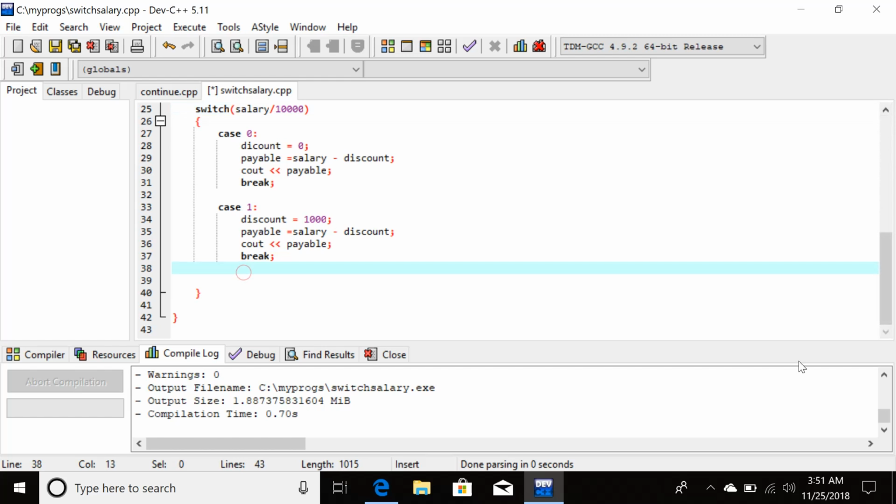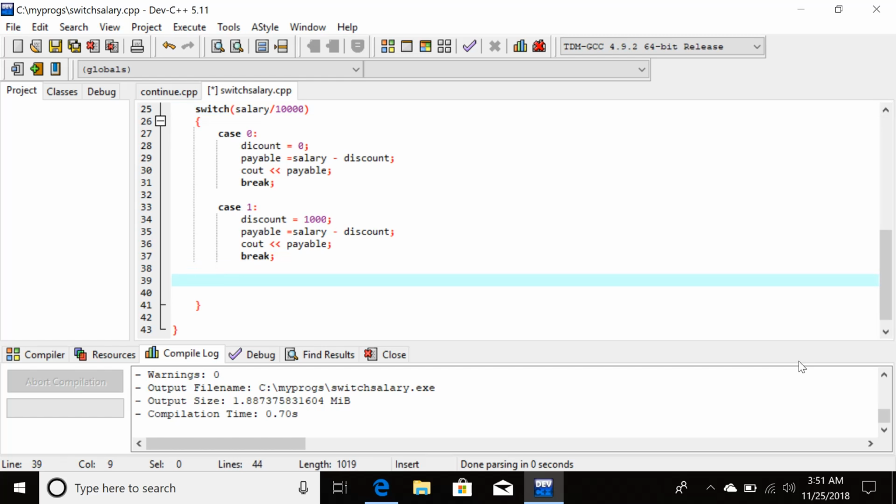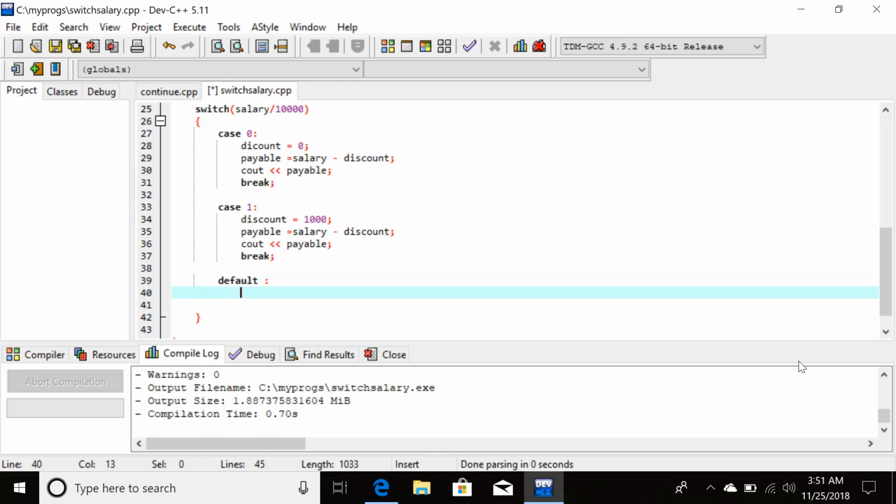So instead of explicitly saying case 2 or case 3 or case 4, we will use the value of default. So anything other than 0 or 1 means the salary is either 20,000 or greater than 20,000, because the value will be 2 or greater than 2.